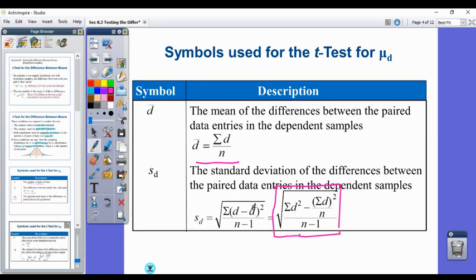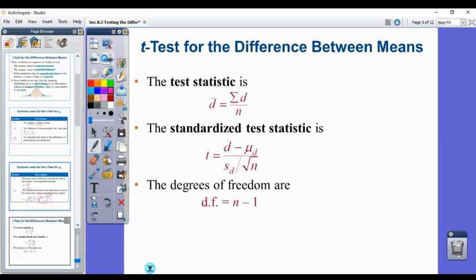They just used our summation rules to simplify the numerator. Okay, so our test statistic is represented by D-bar. And once we have that information, we can find our standardized test statistic represented by the following formula here. And remember, your degrees of freedom is going to be n-1.